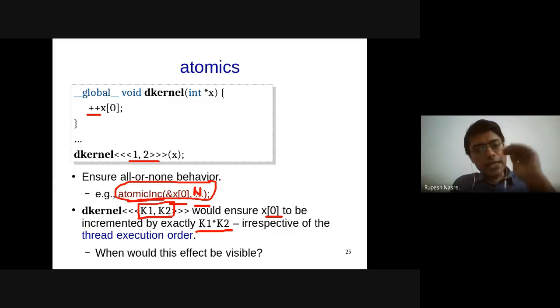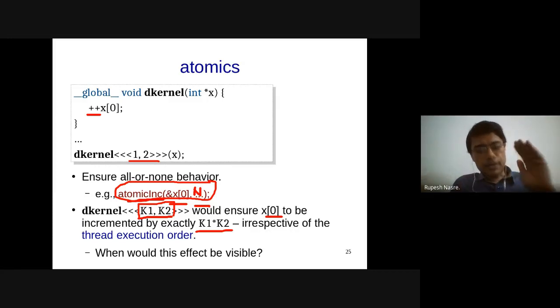So there won't be any issue because of the SIMD execution if you are using atomic increment or other atomic variants. So in this case, if we use atomic increment, for example, I can call the kernel as 1, K1 into K2. Still, even though there are K1 into K2 divided by 32 warps, the value will not be equal to the number of warps. It will be equal to the number of atomic instructions executed by individual threads.